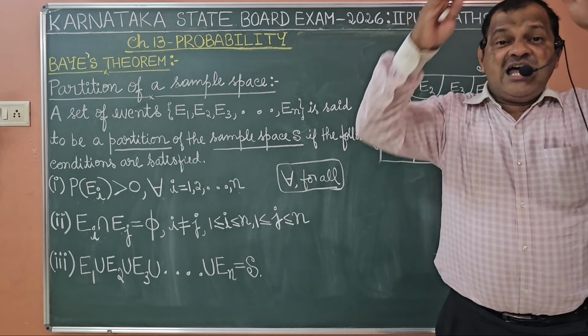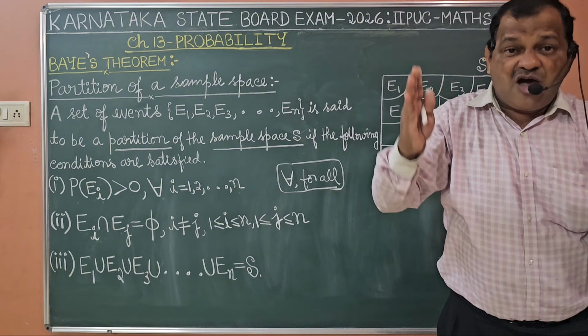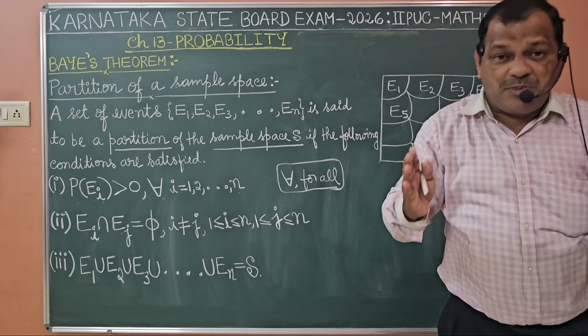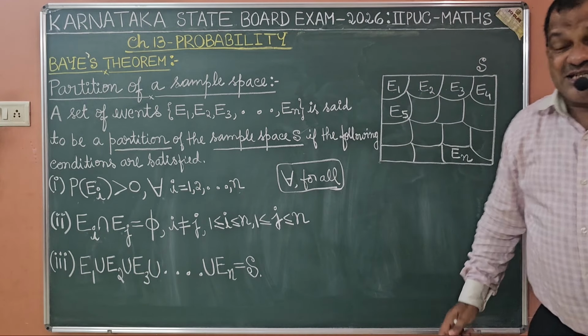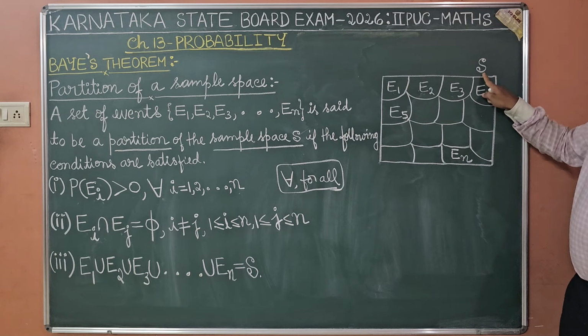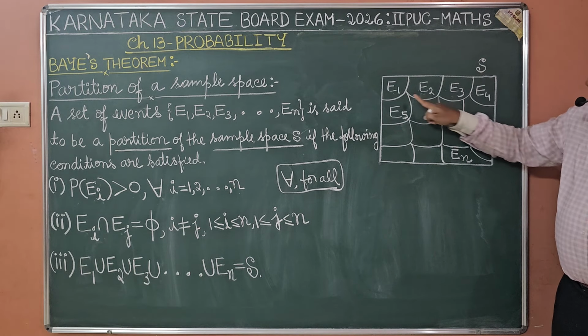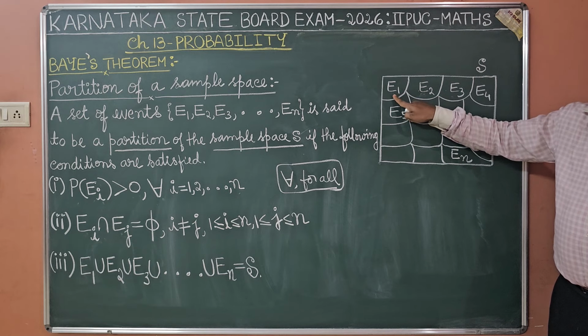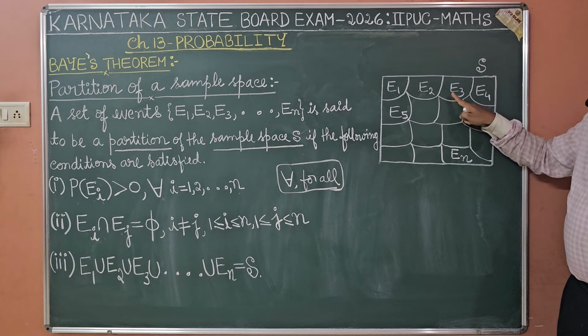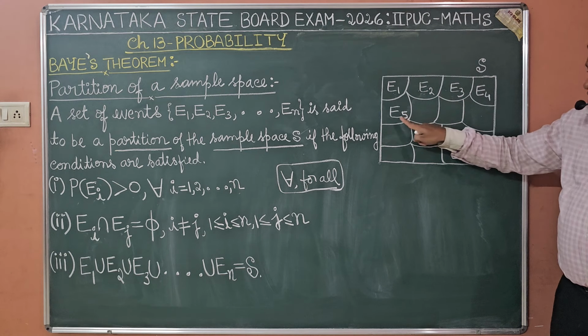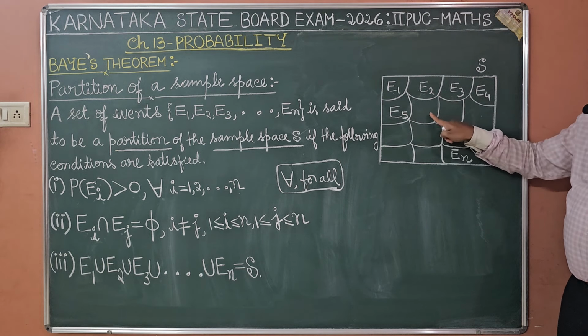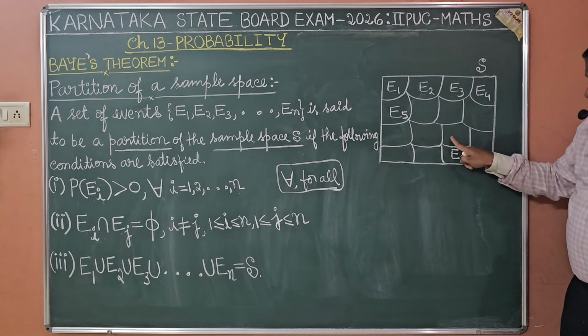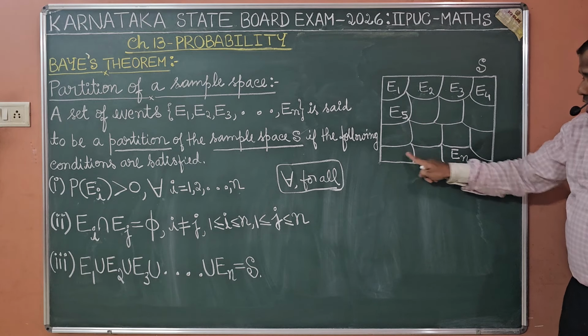If we picturize the definition of a partition of a sample space, it looks like this. This is the sample space, and these are the events: E1, E2, E3, E4, and so on. I have not marked them inside, but these are all events.